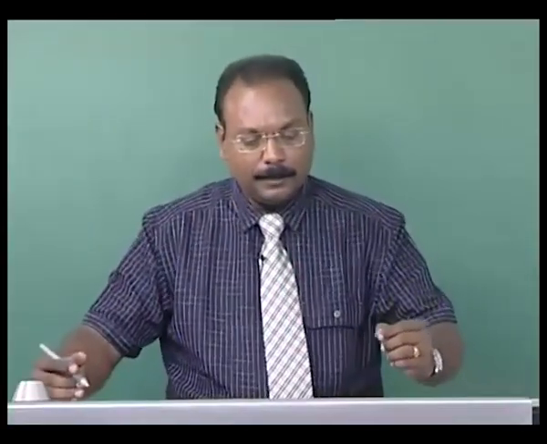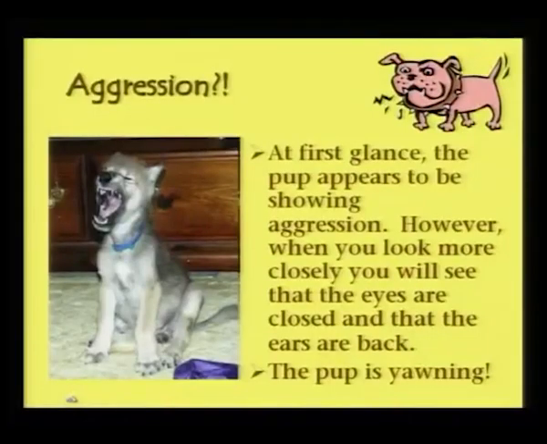Now, look at this picture. Is it indicating aggression? At first glance, the pup appears to be showing aggression. You may think that it's aggressive. But then when you look very closely, you will see that the eyes are closed. In aggression, the eyes will be wide open and sometimes they become red, a change in color. Ears are back.